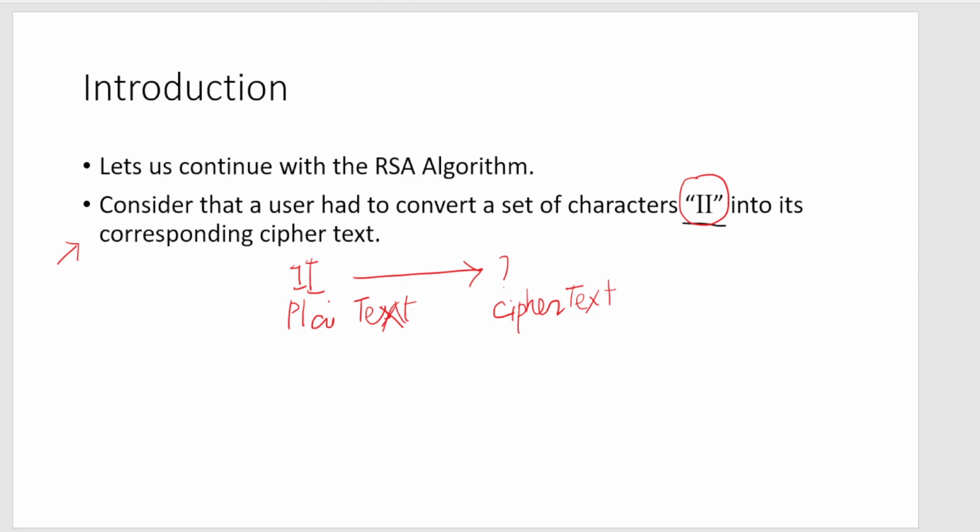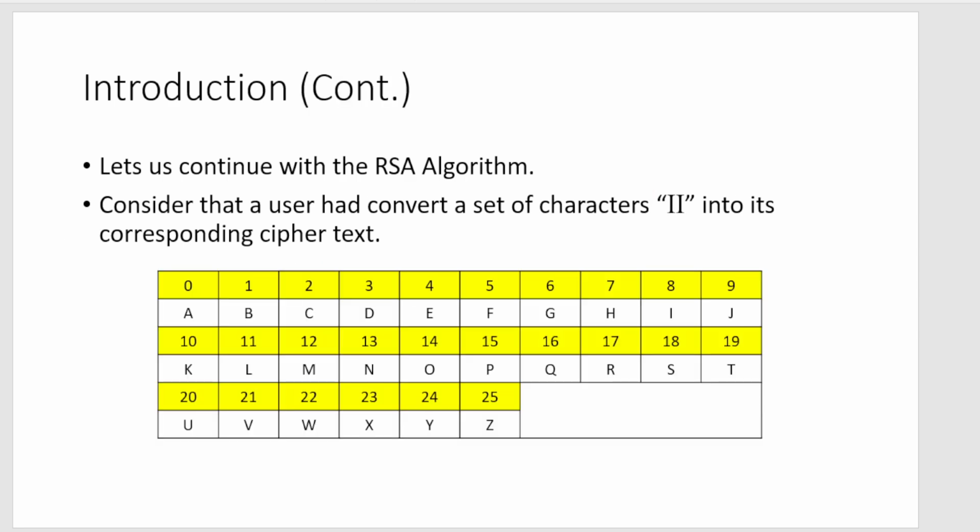So I will create a dictionary in which I have sequence numbers 0, 1, 2, 3, and corresponding to 0 I have a value A, corresponding to 1 a value B, corresponding to 2 a value C, and likewise corresponding to 25 a value Z.